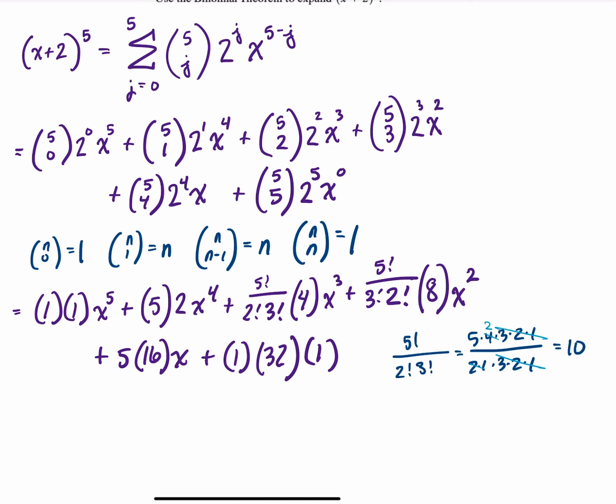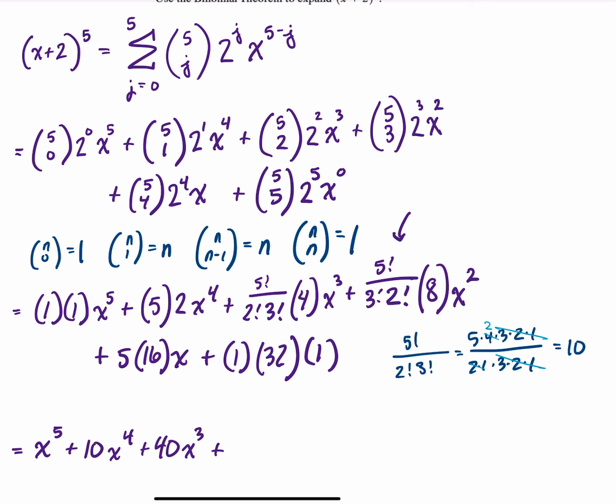So let's simplify everything, and we'll have our expansion. So our first term will just be x to the fifth. Second term, 5 times 2 is 10, x to the fourth. The third term, that choose term, the 5 factorial over 2 factorial times 3 factorial, we said that was equal to 10, so that'll be 10 times 4, or 40 x cubed.